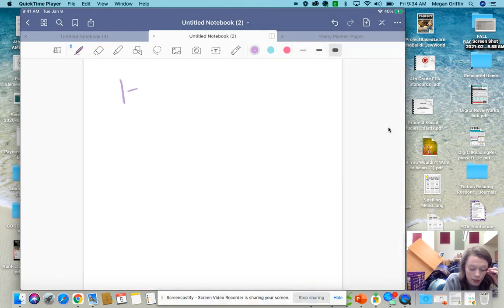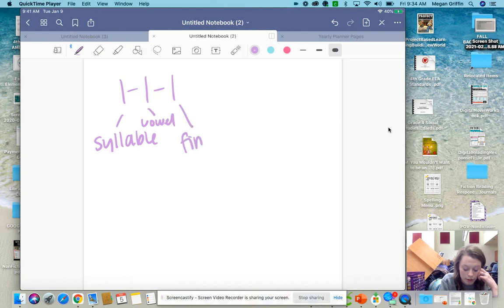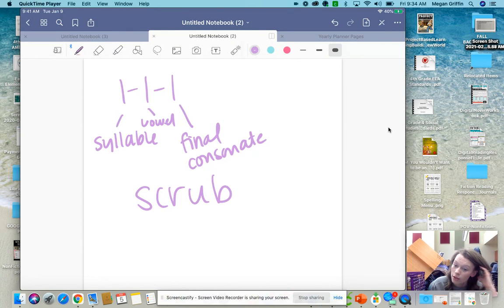Okay, so the 1-1-1 doubling rule means one syllable, one vowel, and one final consonant. Okay, so in the word scrub, let's see if it meets this rule. One syllable, yep, one vowel, and one final consonant.